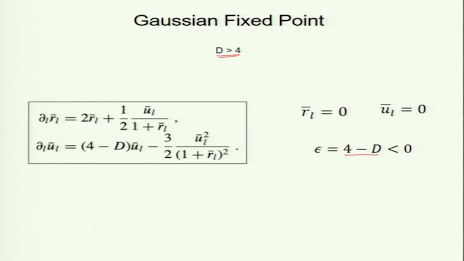In the integral you have k to the power d. So, d is the dimension of space. We live in 3 dimensional space, or if you are working with 2D spins, then it is 2D space, d equal to 2, or it could be 4 dimensional space. In field theory you are allowed to go to any dimensions, and 4 dimension has very interesting properties as you will see right now. So, epsilon is 4 minus d. If d is greater than 4, then epsilon is negative.